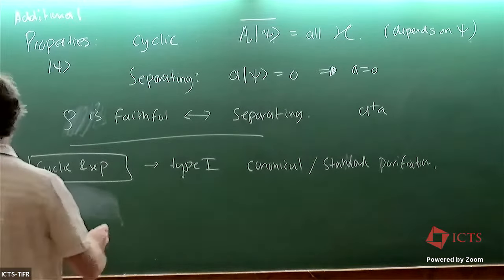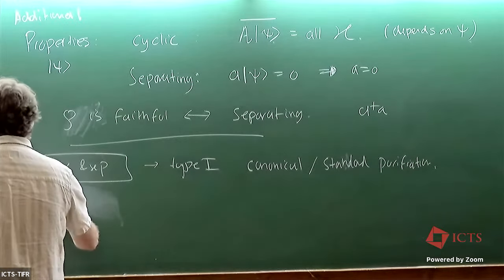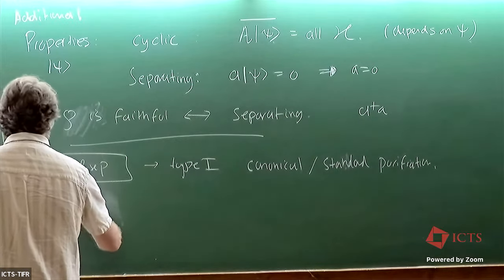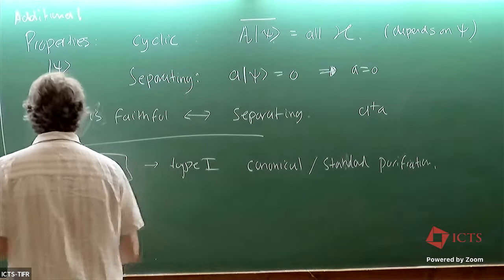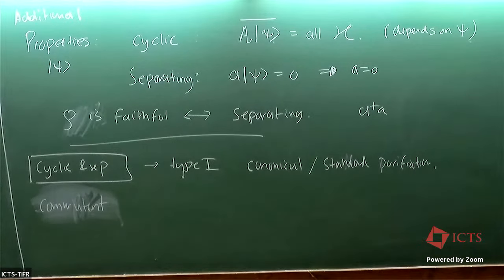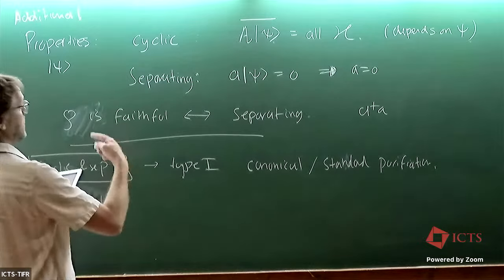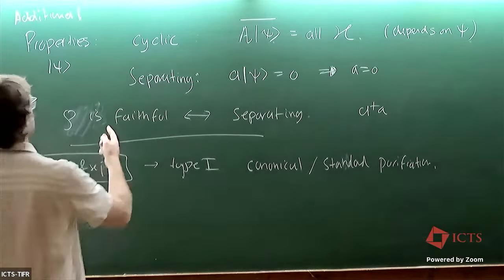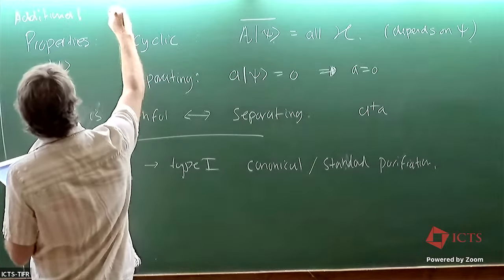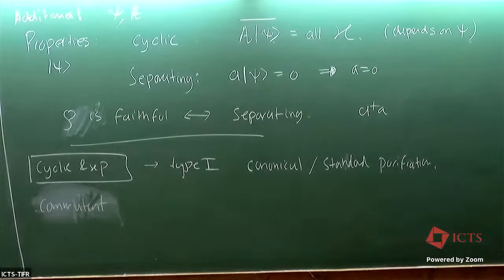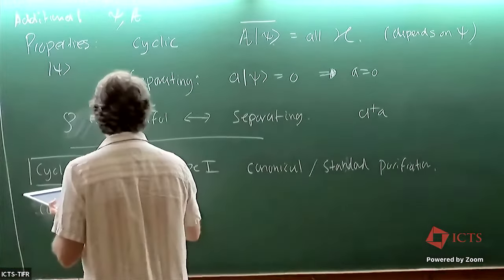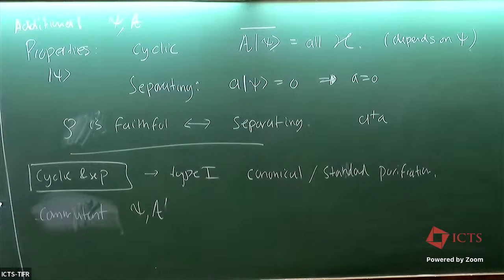Another thing I want to mention is that there's a relation between these properties for psi and the commutant. If we ask whether the state is cyclic and separating for the commutant algebra, then whenever someone says cyclic and separating, they need to give you two things, the wave function and the algebra. If we do the same thing for the wave function and the commutant, there's some relation between these two.